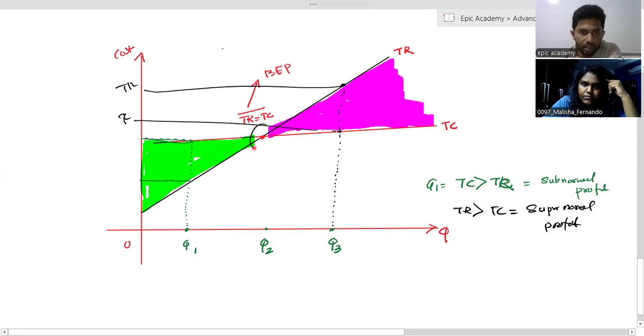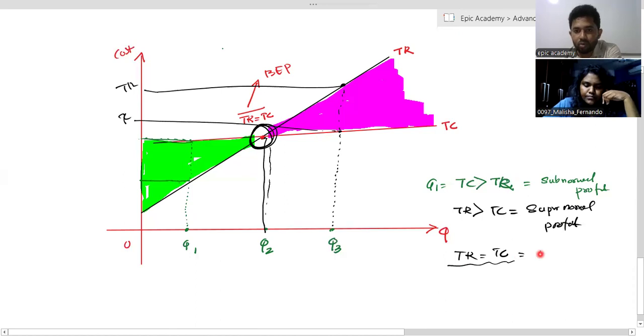So then what happened at that point? I mean, in here, normal, Q2. The value for the total revenue and the value for the total cost take similar values. TR equals TC. This we can call the break-even point.